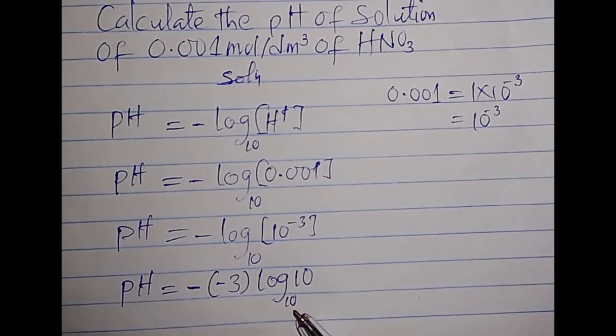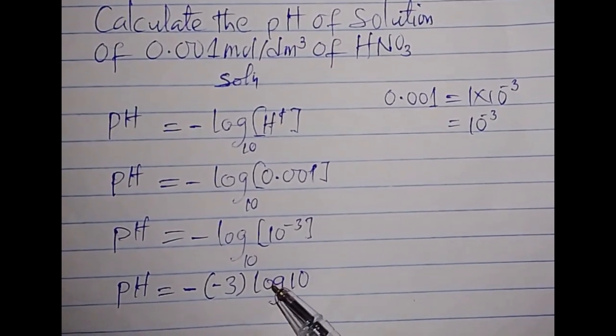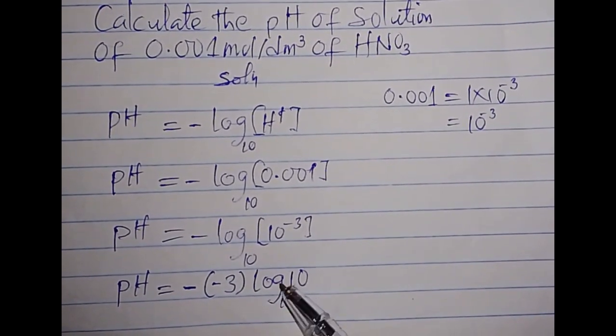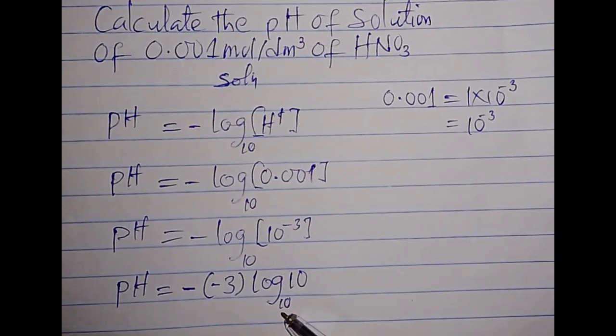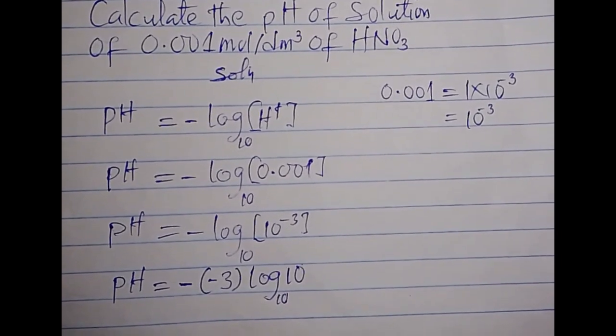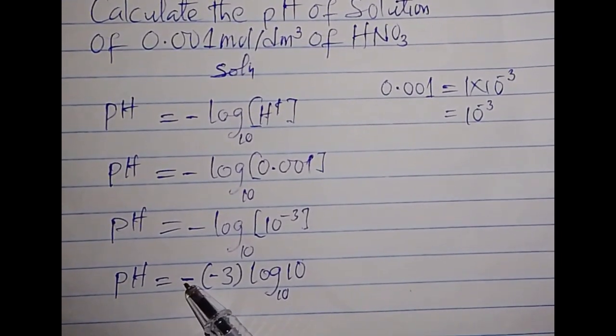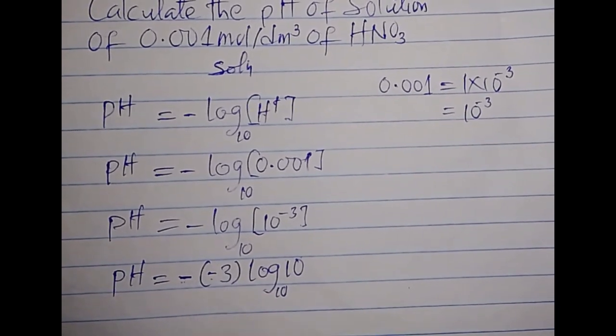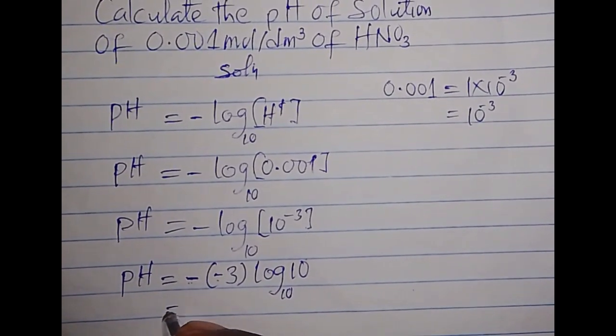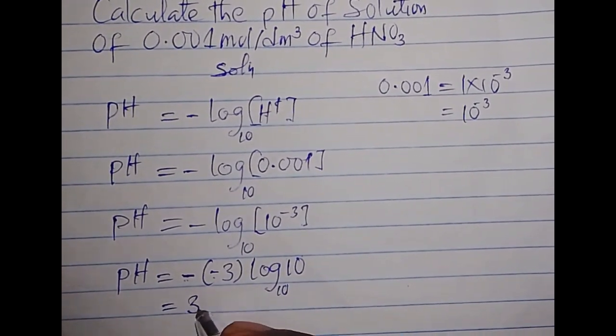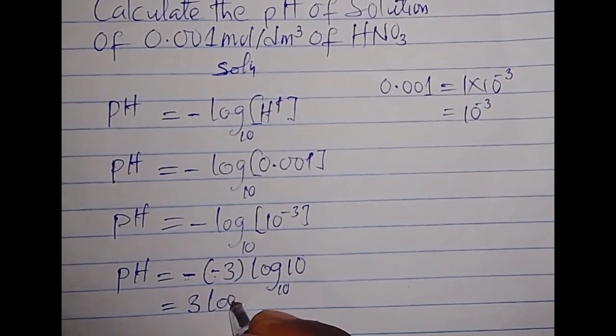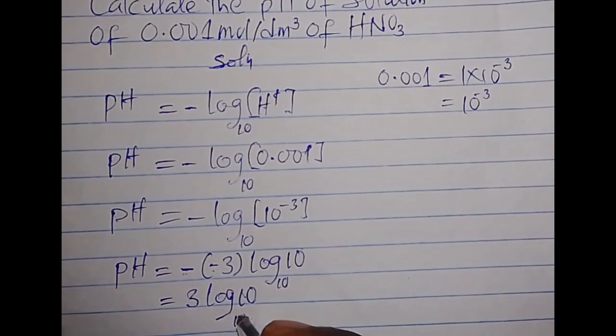There's another property of log which says that when the log and the base are the same, the result is 1. So let's open this bracket. Minus times minus is plus, so this will give us plus 3 log 10 to base 10.